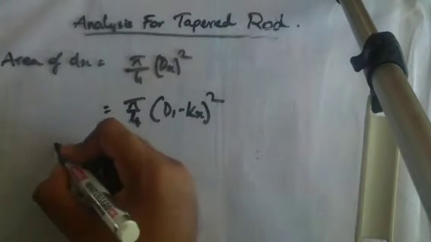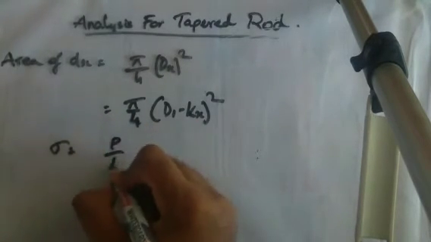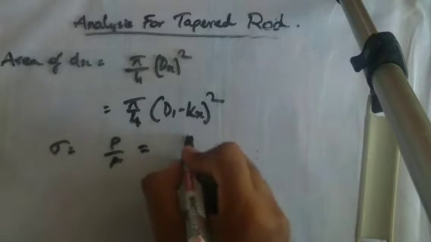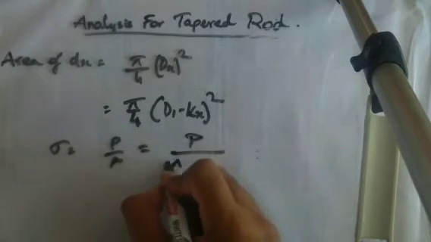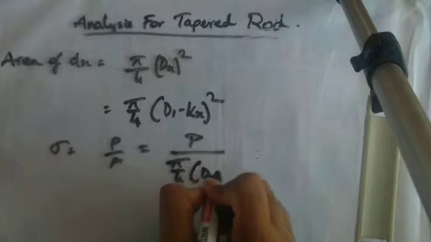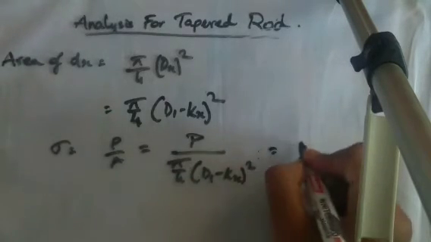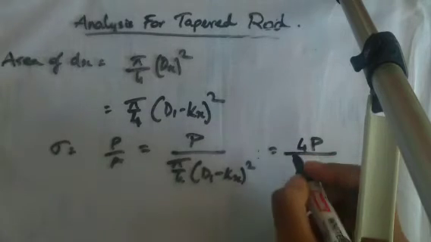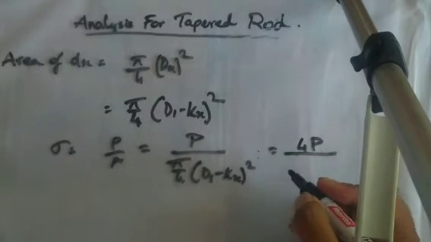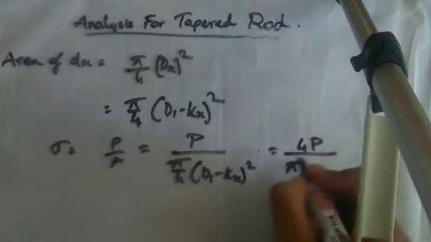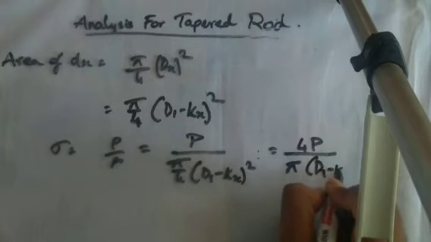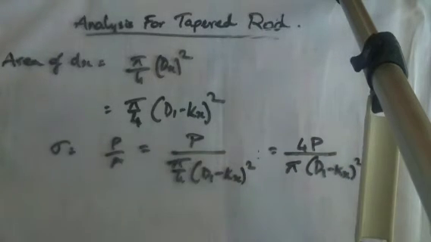Now we know stress is equal to load by area. We can write this as P divided by pi by 4 into (d1 minus kx) the whole squared, which is 4P by pi into (d1 minus kx) the whole squared.